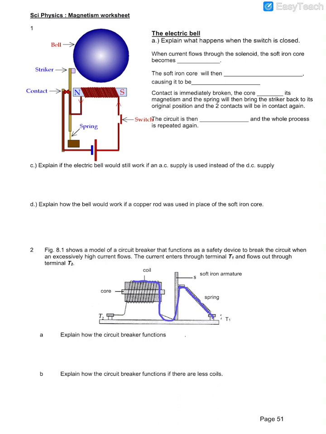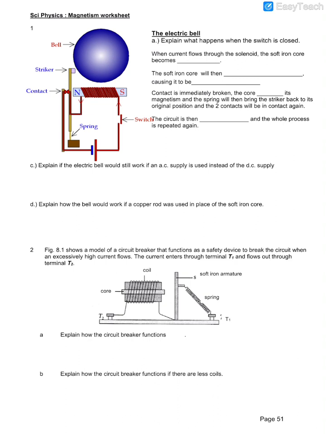Under normal situation, there's always current flowing through the core. That means the core is already magnetized, but the core is too weak. Correct. So the important word you must think when you explain this question is different from the electric bell question. So how will you answer this, Elvis? When what kind of current flows through the coil?